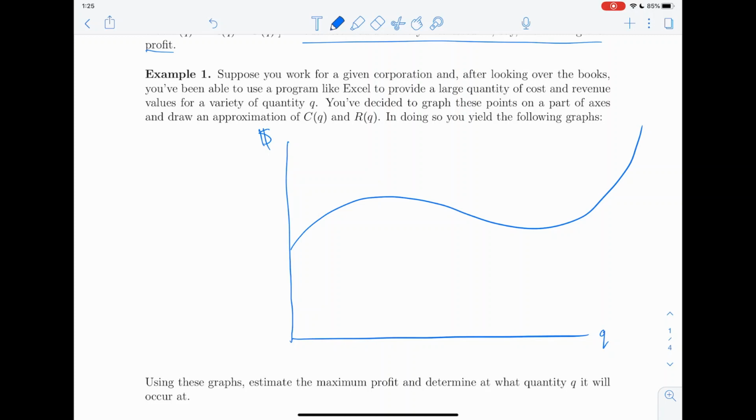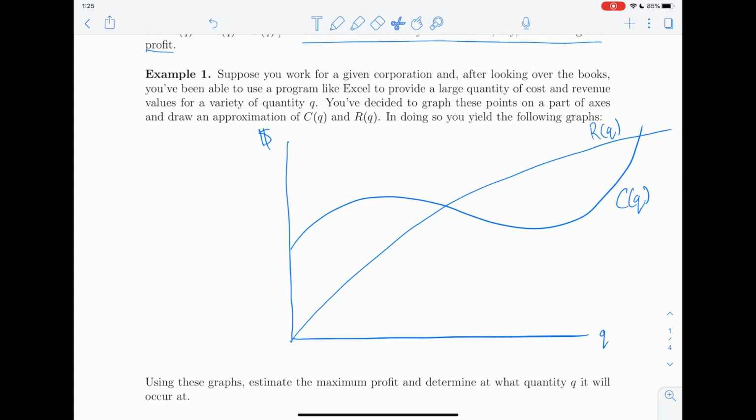This is perfectly possible depending on what it is that your company creates. Your revenue might be modeled by something that starts off pretty much like a straight line at 0, and then just arcs continuously like that. So this down here is our cost function, this up here is our revenue function. This is a perfectly acceptable representation of a cost and a revenue function that you might run into.